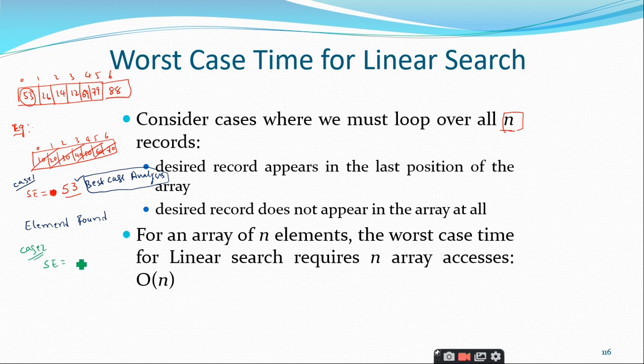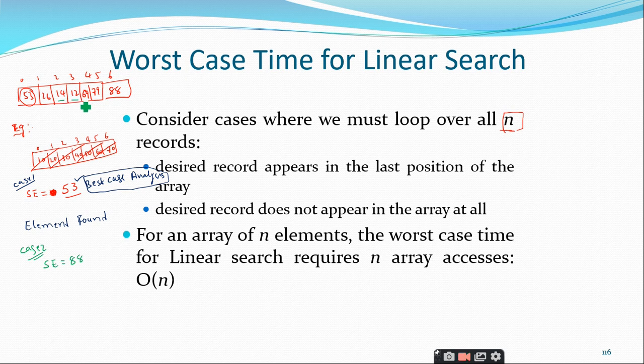Let me take the search element as 88. For this purpose, you have to compare 88 with the first element 53. Since they are not equal, compare the search element with the next element, that is 88 compared with 26, not equal. Go for the next element, compare 88 with 14, not equal.